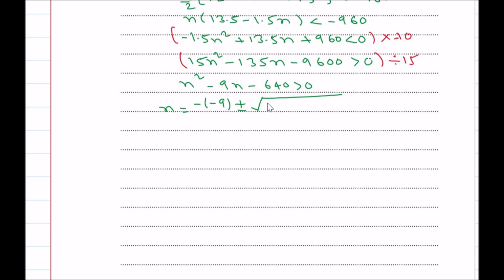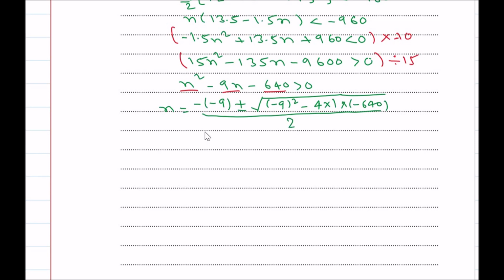B square means minus 9 square minus 4, a is 1 and c is minus 640. Okay, we have a, b, c here: 1, minus 9 and minus 640. I substituted values from there and divide by 2a, that is 2 into 1, that is 2 only.